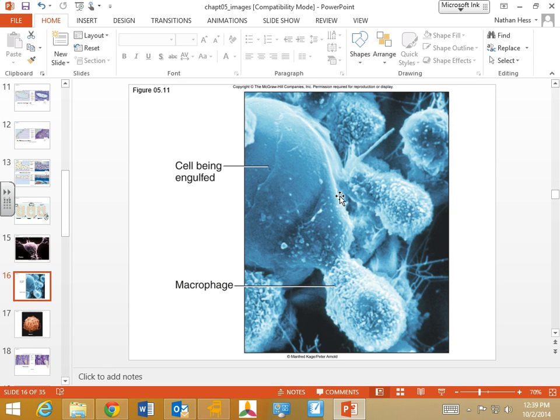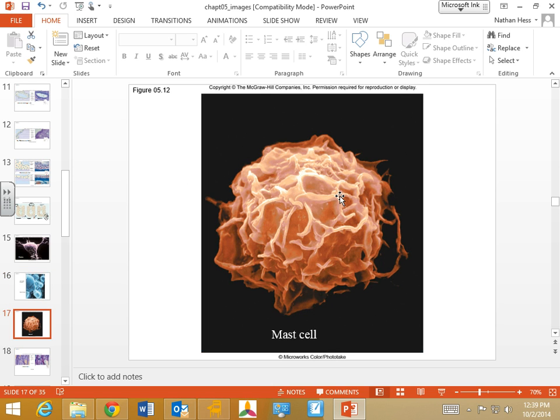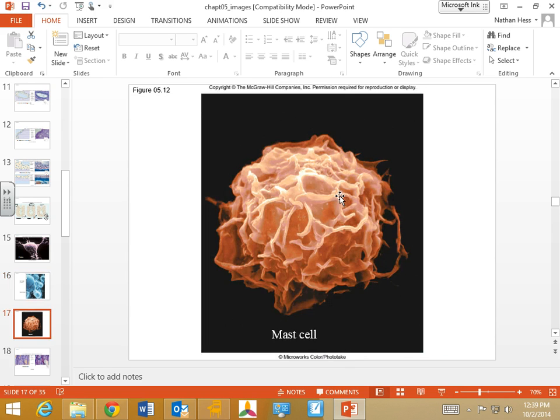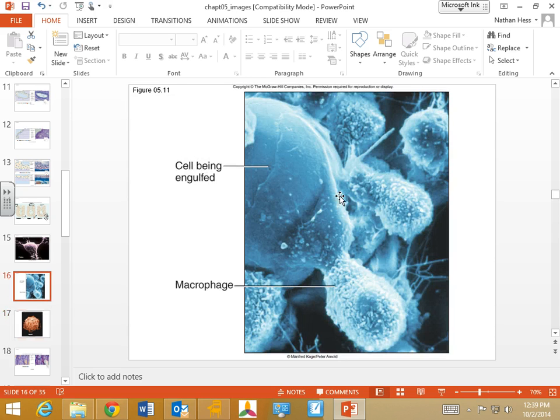Okay? Last one I'm going to cover for today are these mast cells. What does the mast cell do? Oops, that's what we were just doing, didn't we? I was meaning to show you that this was a macrophage, not a mast cell. This is a mast cell. The macrophage is something that carries on phagocytosis.